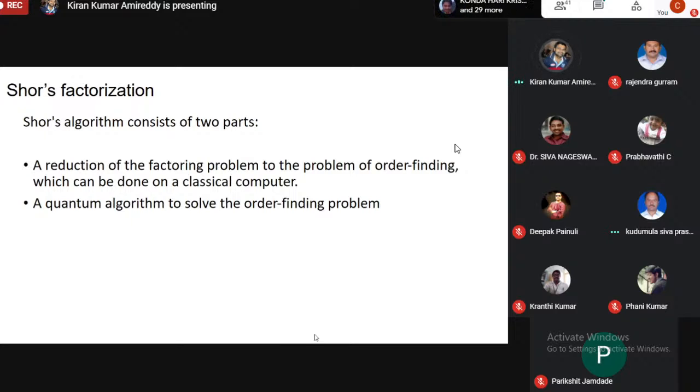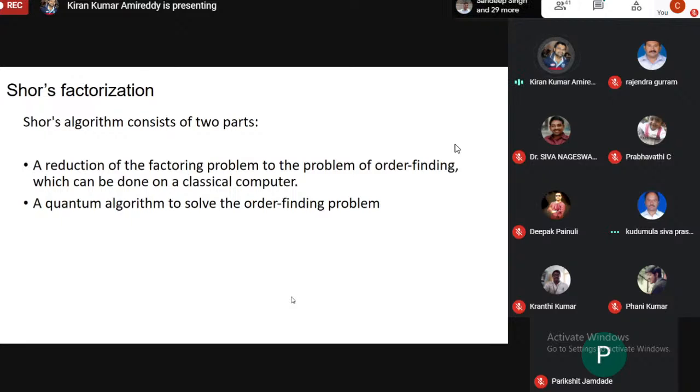So 1, 2, 3 are the factors of 6, but 1 is not taken. So 2 and 3 are the factors. When we are finding the factorization for a given number, Shor's factorization or Shor's algorithm will be helpful.